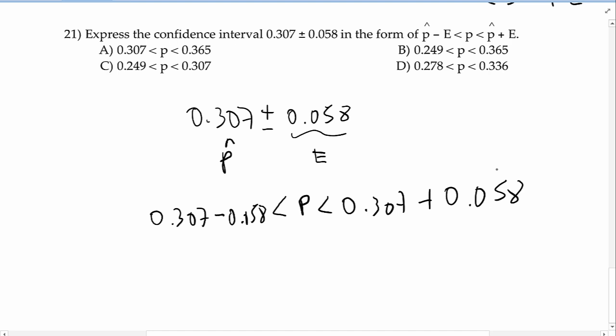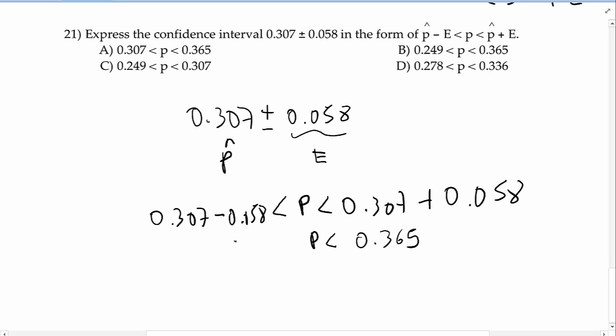So let's add these numbers. 0.307 plus 0.058, so the upper limit is 0.365, and the lower limit is 0.307 minus 0.058.